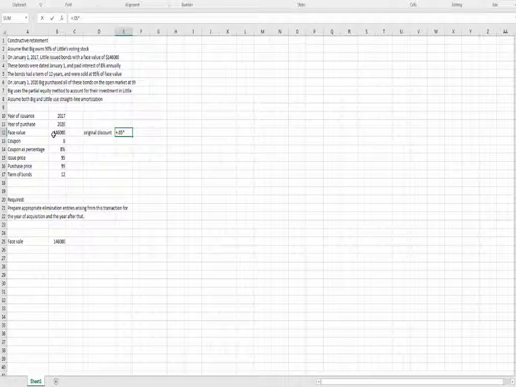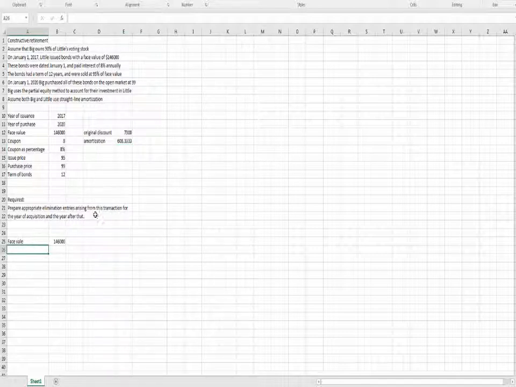So plus 0.05 times that. It's being amortized over the 12-year term of the bonds at the rate of 608.33 per year.